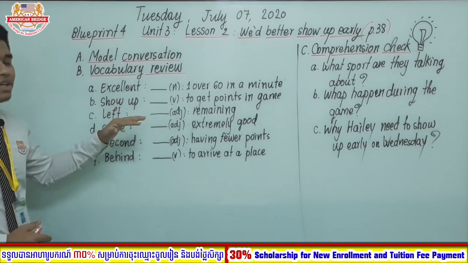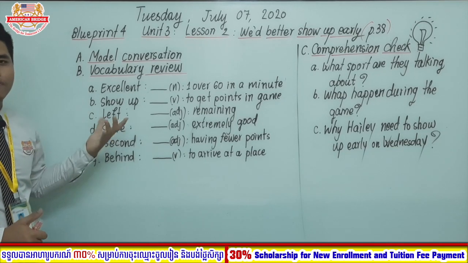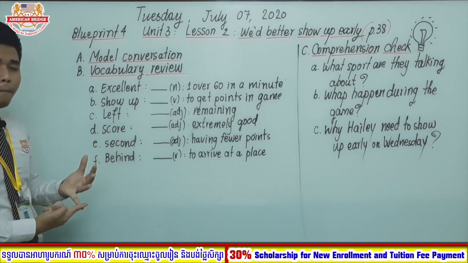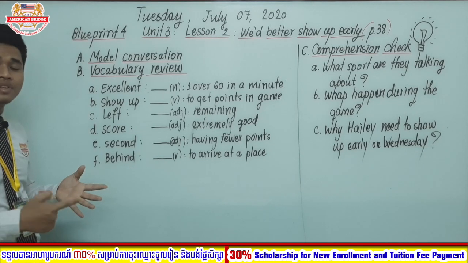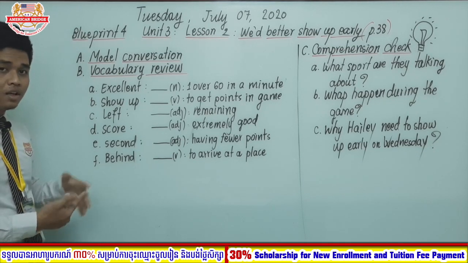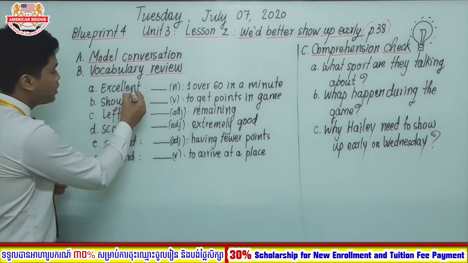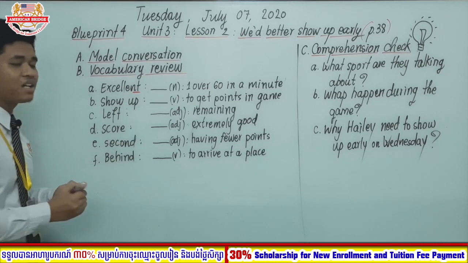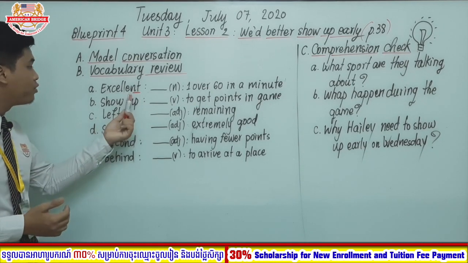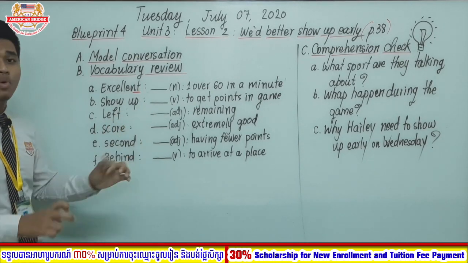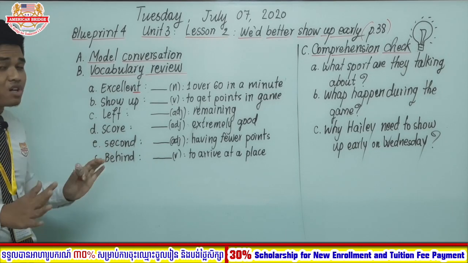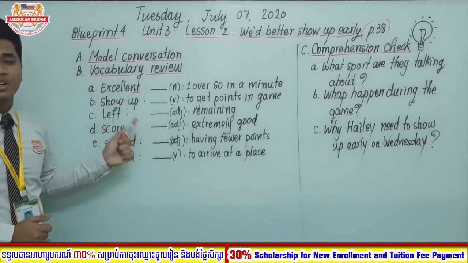So the word "excellent," what is the function of this word? Is it a verb? Is it a noun? Is it an adjective? The way to remember is the "ent" here, the word that ends with "nt." Most of the time, not always, it functions as an adjective.